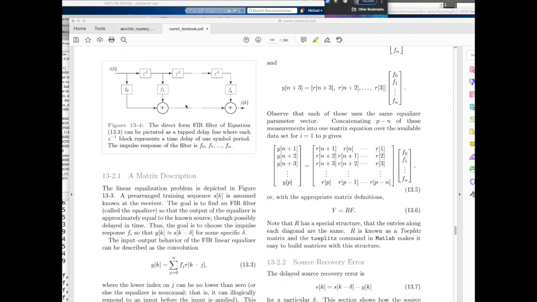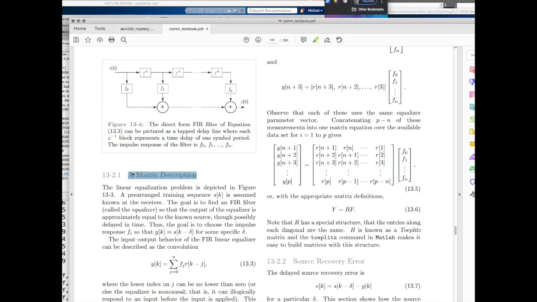Okay, so we're going to do this with a matrix approach, and this is showing you the math on how this would work. I think in reality, most of the time you wouldn't want to do the matrix inversion that would come from this type of approach, but it gives you an idea of how you can use math to do the equalization process.